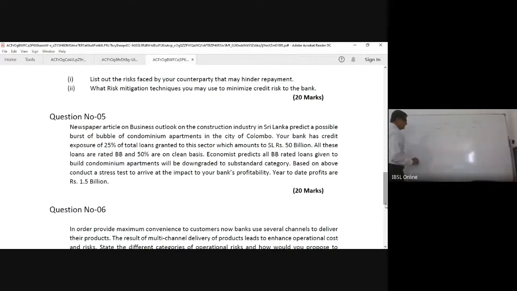The second category is from 180 to 360 days, and that's the category they have given here: downgraded to substandard.